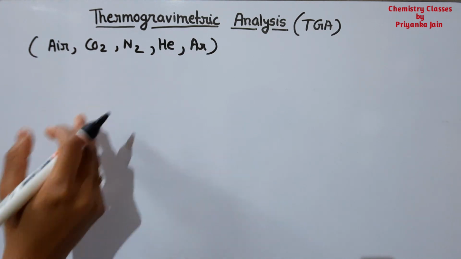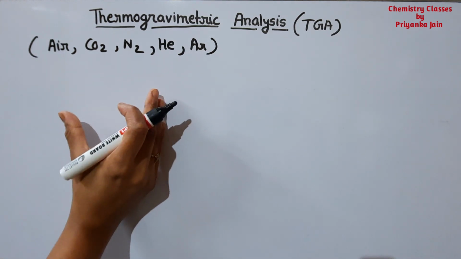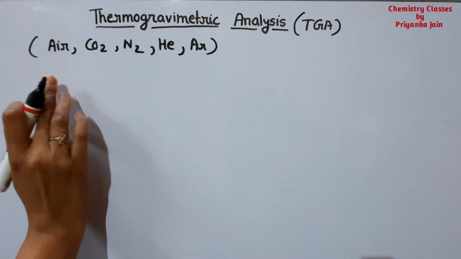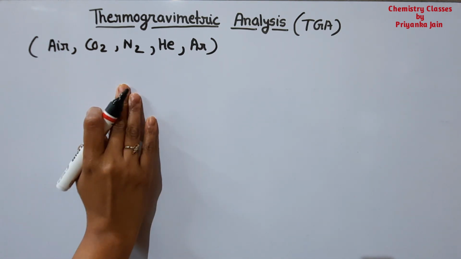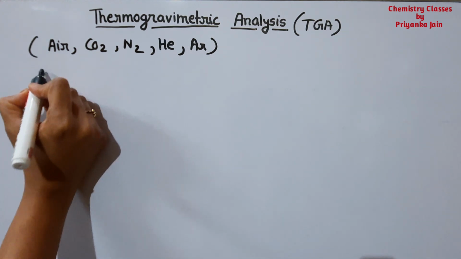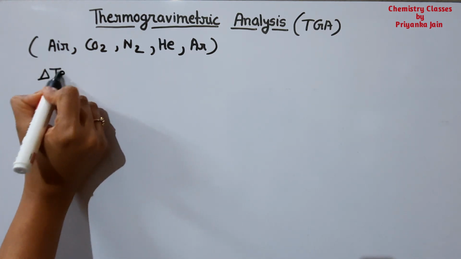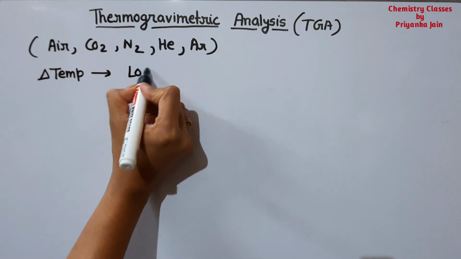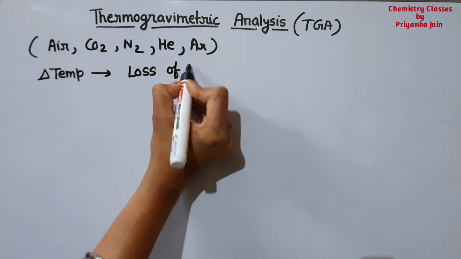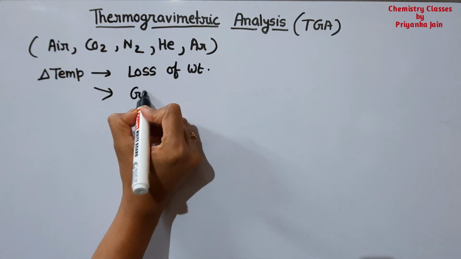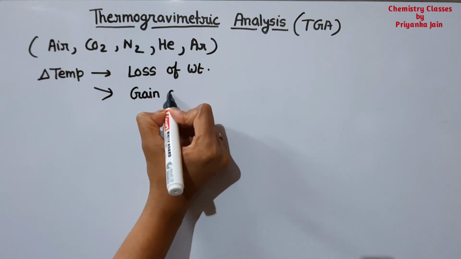So what will happen when we are heating the sample? There will be a change in its weight. In most of the cases there is a loss of weight, but sometimes we see there is a weight gain. So by change of the temperature there is a loss of weight, or sometimes there may be a gain of weight.